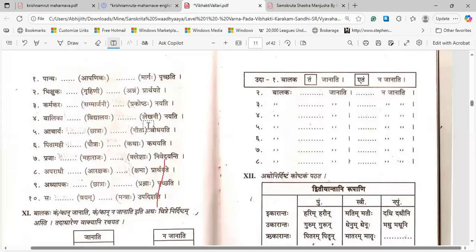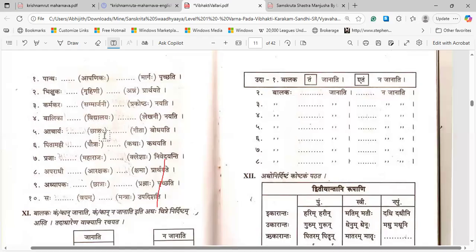Next. Balika vidyalayam lekhanim nayati. Acharyah chhatran geetam bodhayati. Here it changes. This is not Shashti: chhatran geetam.